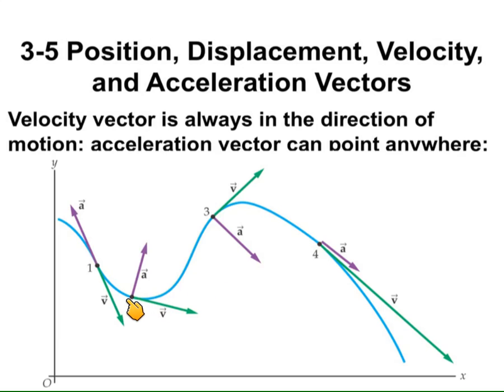So what happens at the second point? The object only changes the direction of the motion, but not the speed, because the acceleration and the velocity vectors are perpendicular to each other. If they are perpendicular to each other, then instantly the speed does not change, but the direction of the velocity is changing.